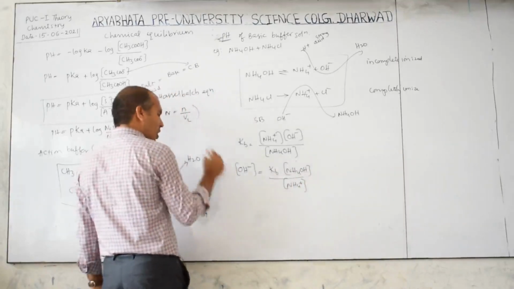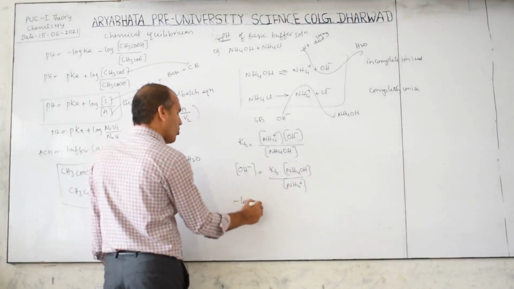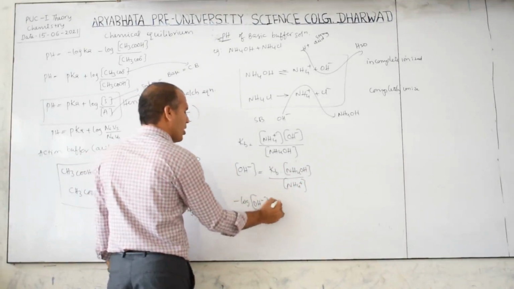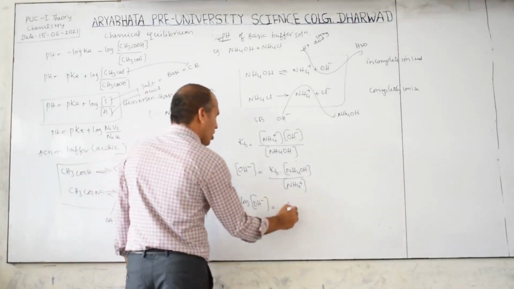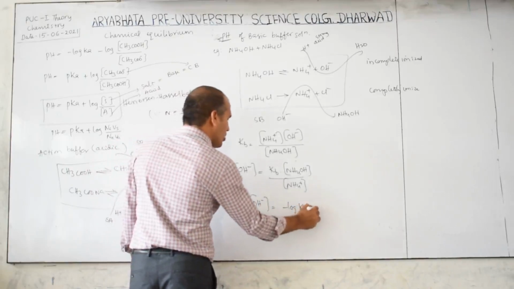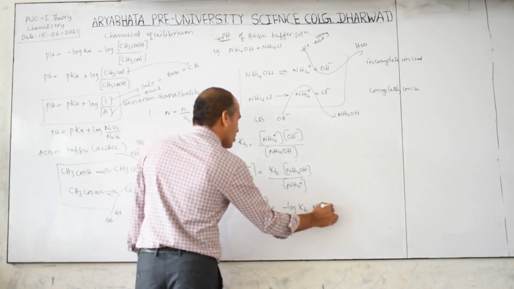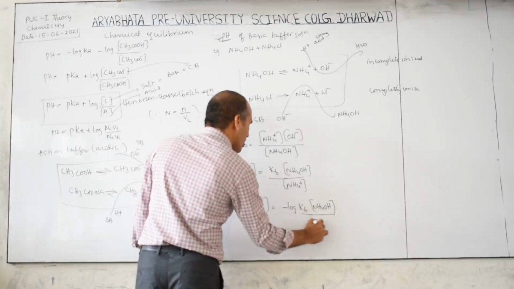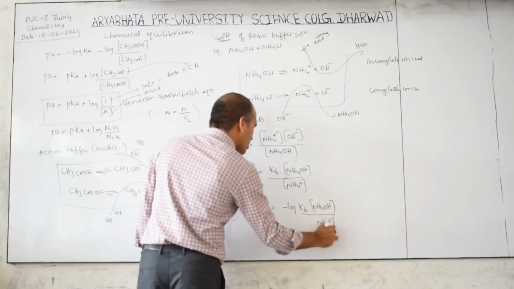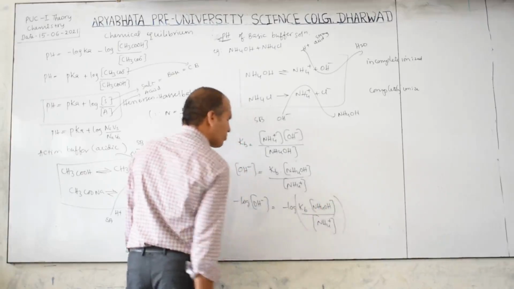Now apply the negative logarithm on both sides: negative logarithm of OH minus ion concentration is equal to negative logarithm of Kb into NH4OH concentration, denominator NH4 plus concentration, whole.